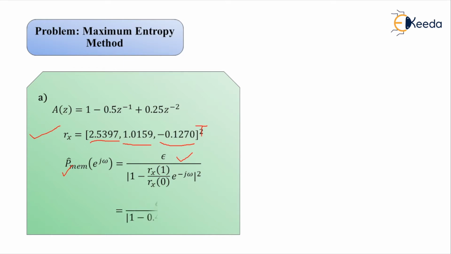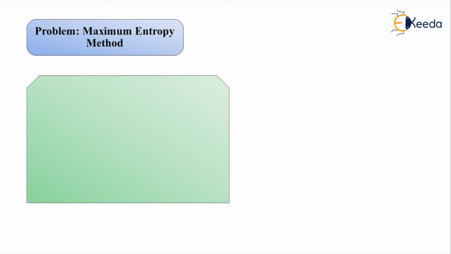So by the next stage, it is epsilon divided by the mod square of 1 minus 0.4 times the complex exponential e to the power minus j omega. Now in this representation, epsilon is required, and epsilon can be computed by having Rx of 0 added to the multiplication of A of 1 to Rx of 1 here.